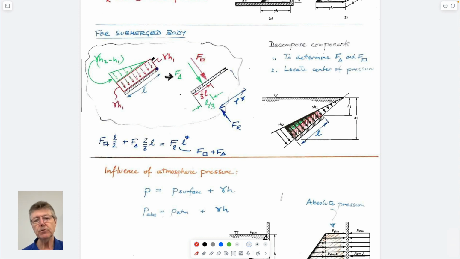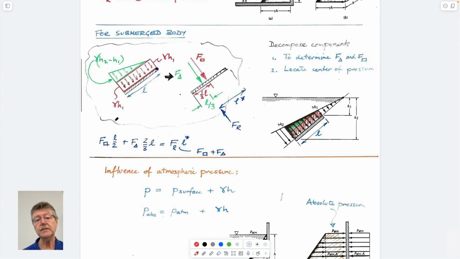One would be a prism, which is the pressure at the top of the plate distributed across the bottom at the same magnitude to give you this rectangle. And then the triangular distribution, which is the increasing pressure with depth, relating to the increment you gain by going down to this point here.